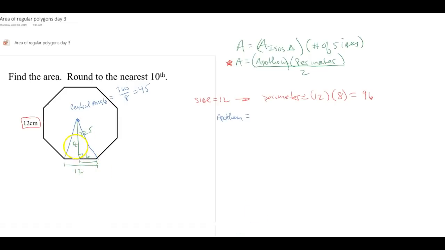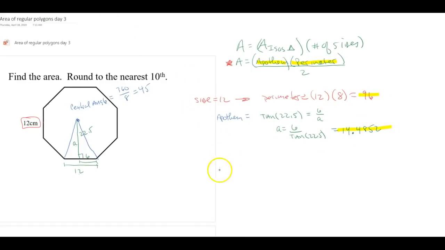Now I know the opposite, looking for adjacent, which is tangent. So the tangent of 22.5 is equal to the opposite 6 over the adjacent A. So our apothem is 6 divided by the tangent of 22.5, which gives us 14.4852.